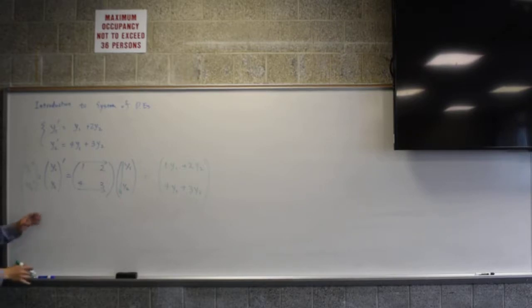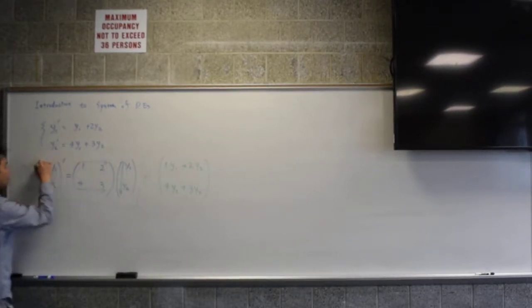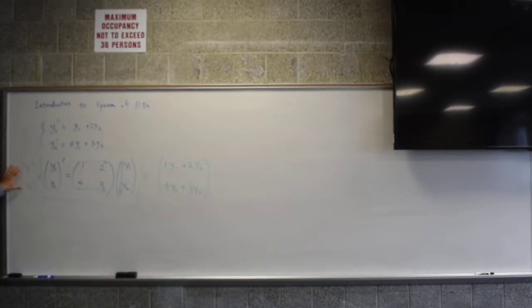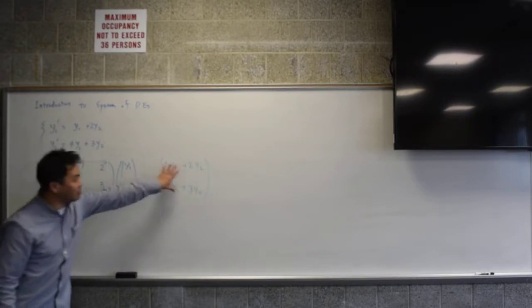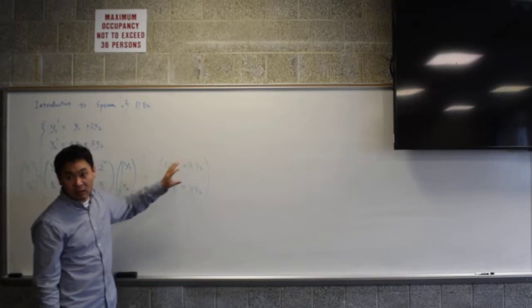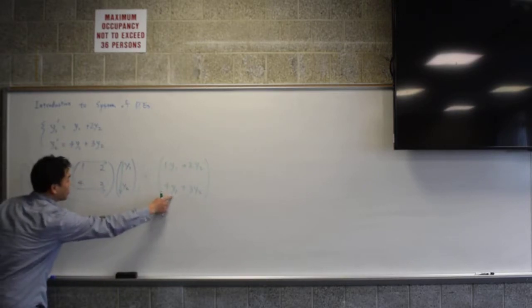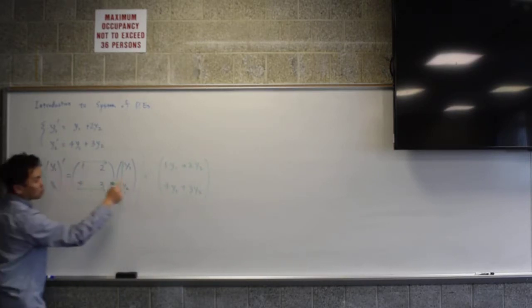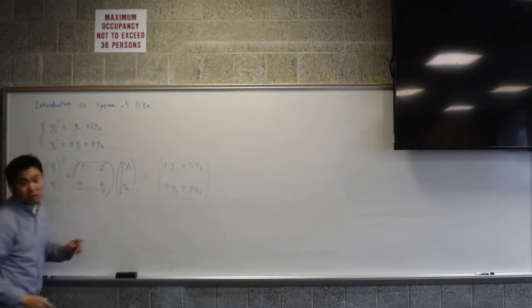So if you have this single equation in the middle, you're saying this matrix is the same as this matrix. If two matrices are equal, that means every element is equal to each other. So the first element should be the same as the first element.